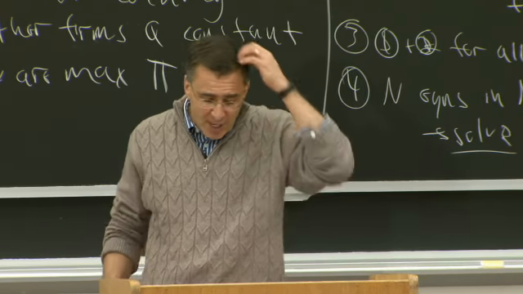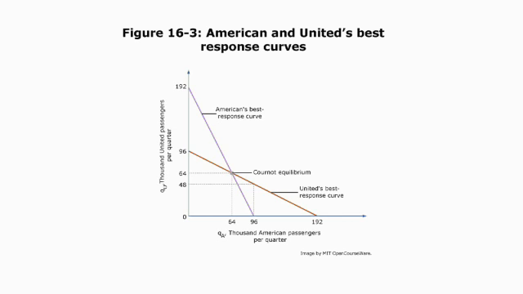What figure 16.3 does is say we can use a whole host of possible production levels by the other firm, and we can develop what we call best response curves. Best response curves are, given what the other firm does, what should I do? So on the x-axis we have how many thousands of flights American passengers are flying per quarter.